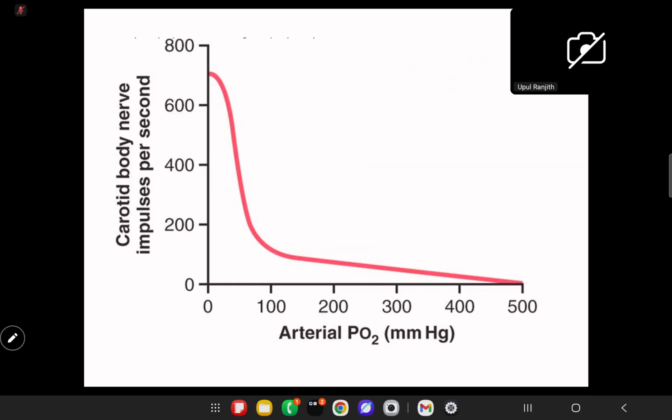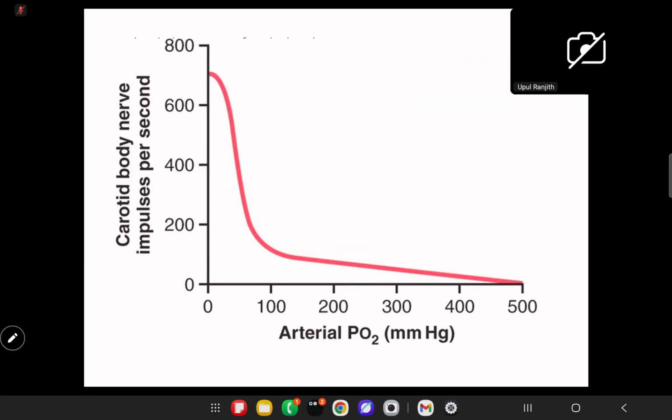This graph shows the rate of carotid body nerve impulses on the y-axis and the arterial PO2 on the x-axis, because the carotid bodies are sensitive to the partial pressure of oxygen. When the partial pressure is 100 millimeters of mercury, there is minute stimulation of the carotid body impulse rate.